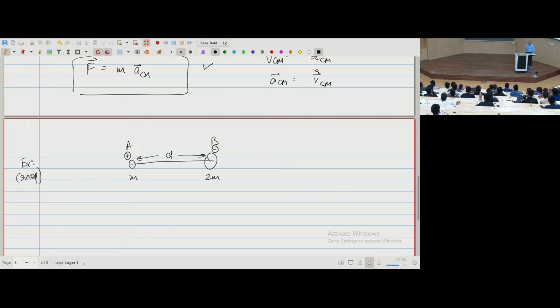Now what will happen, initially their velocities are 0. You're holding the particles, now you leave the particles at t equal to 0, they will accelerate towards each other and they will eventually collide. We want to find at what point will they collide. Can you tell me quickly?